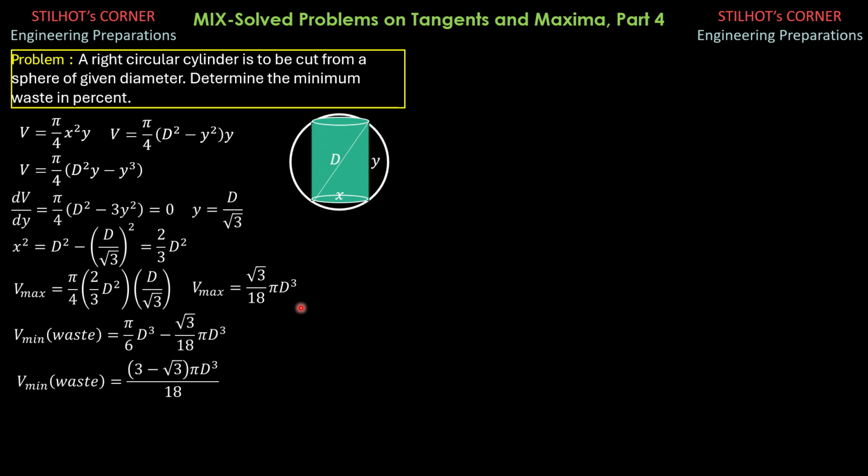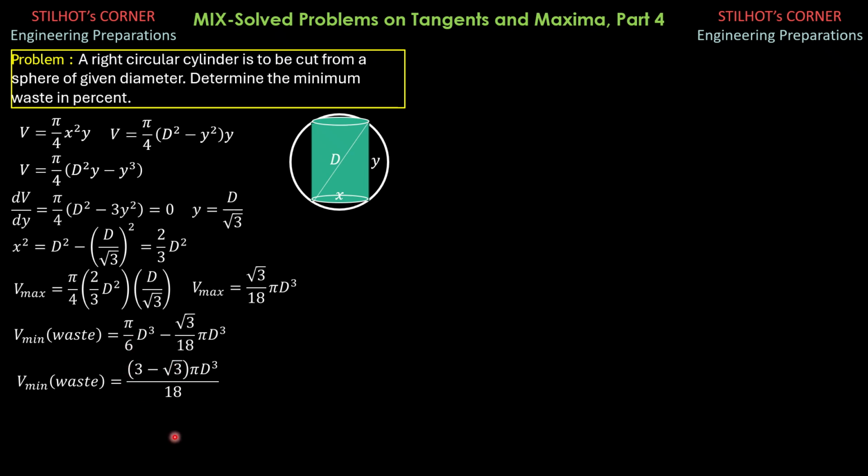Then the minimum percentage of waste is the volume of waste divided by the volume of the sphere times 100%. For the two volumes, pi diameter cubed is common because the volume of the sphere is pi over 6 diameter cubed. So we only consider the constant: 3 minus square root of 3 over 18 divided by 1/6.